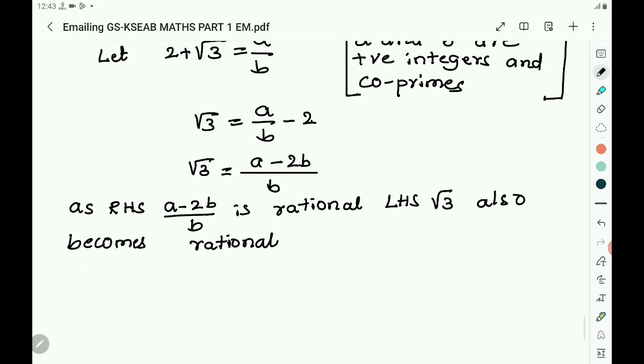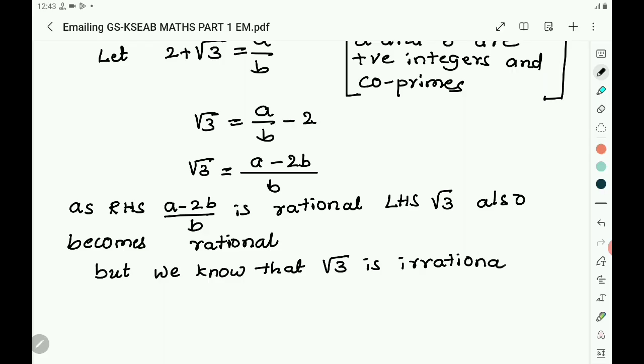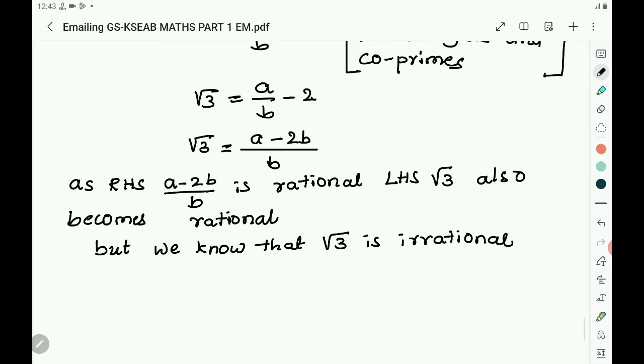But we know that root 3 is irrational. It is a contradiction. LHS irrational, RHS rational. It is a contradiction.